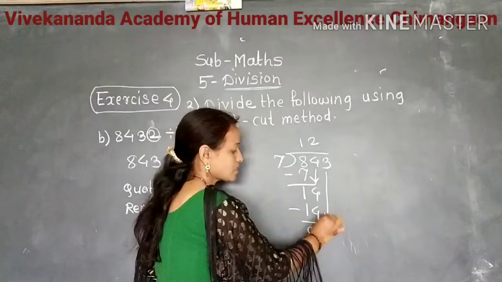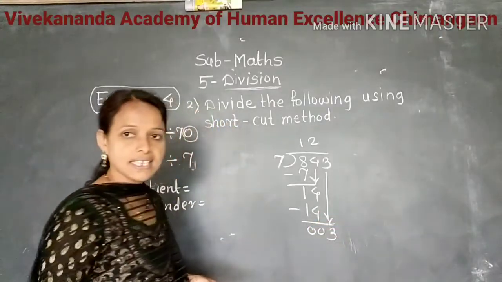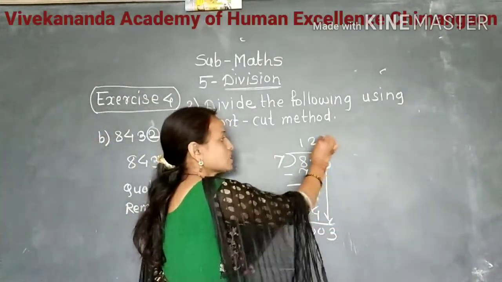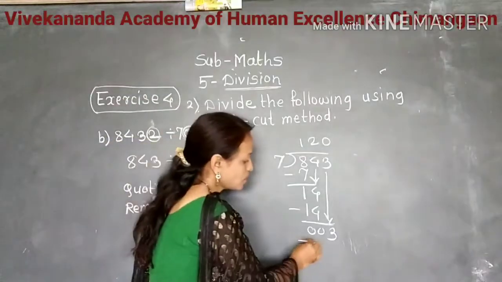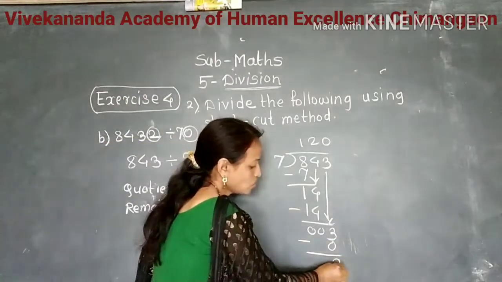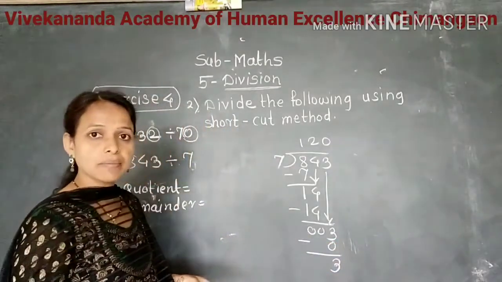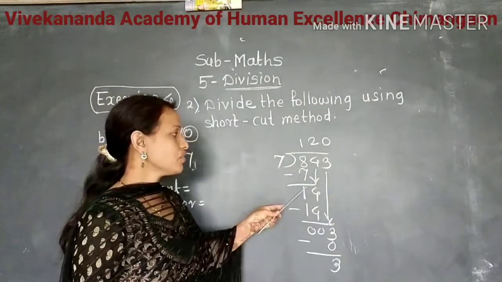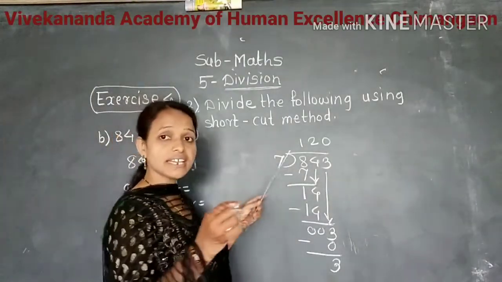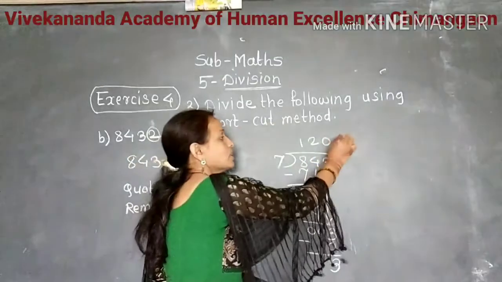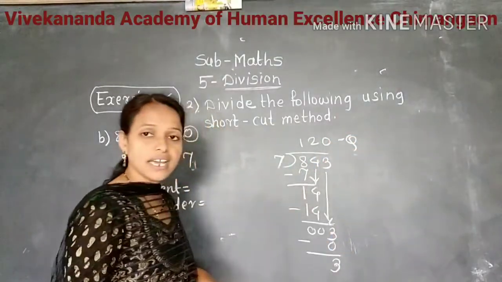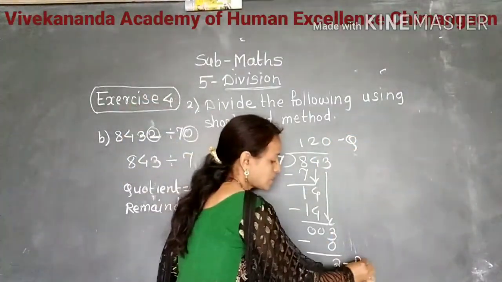Next digit 3. 3 is less than 7, so quotient will be 0. So here write 0. 3 minus 0 is 3. So by dividing 843 by 7 we get the answer 120. 120 is the quotient and we get remainder 3.